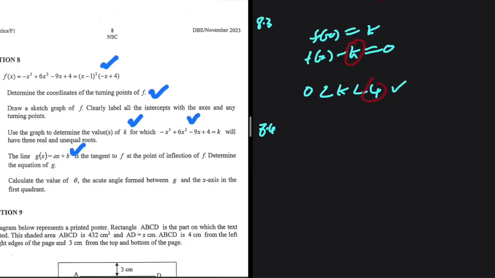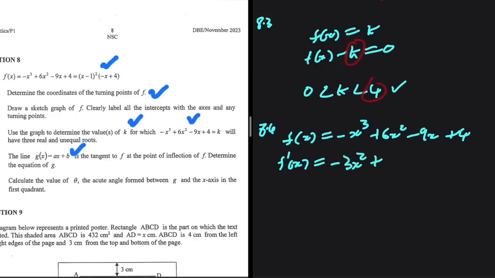We can easily find the x value at the point of inflection, so let's do that first. f of x is equal to minus x to the 3 plus 6x squared minus 9x plus 4. If we differentiate this, f prime of x is equal to minus 3x squared plus 12x minus 9.